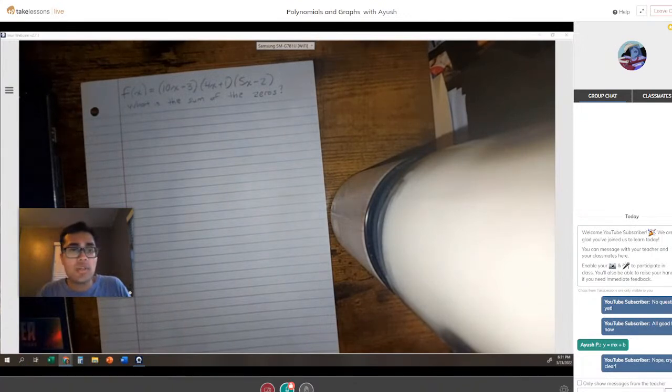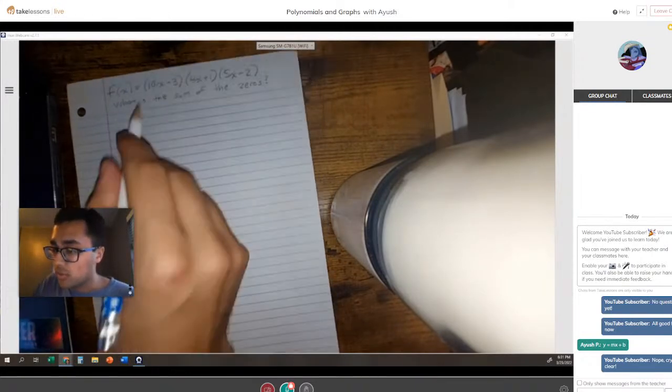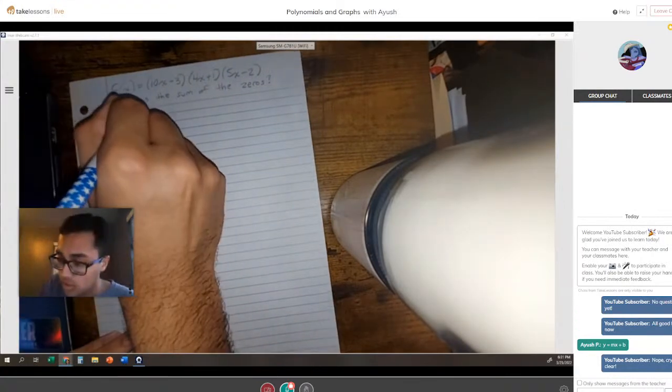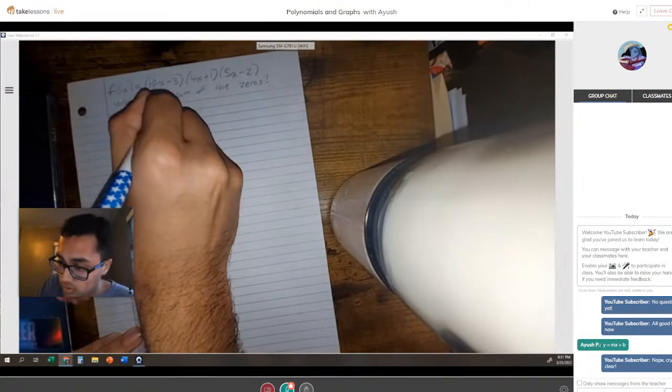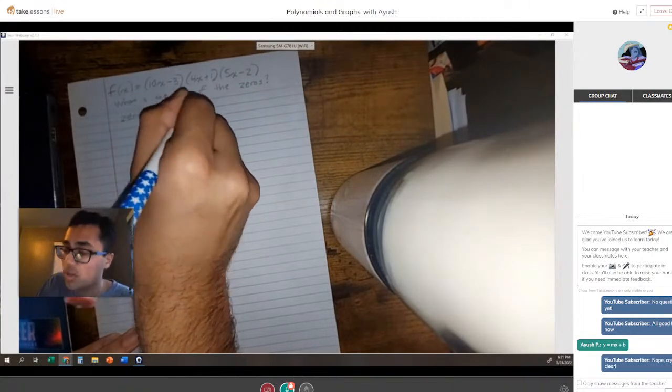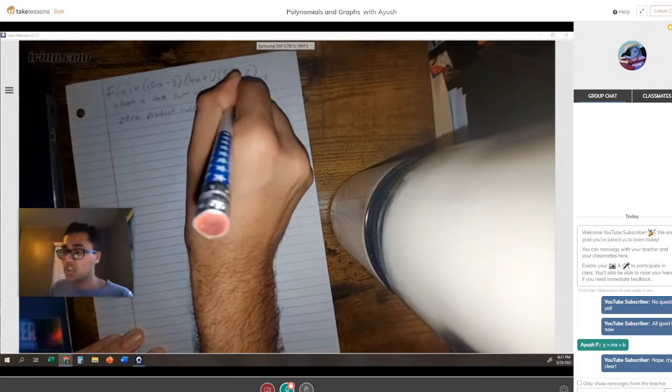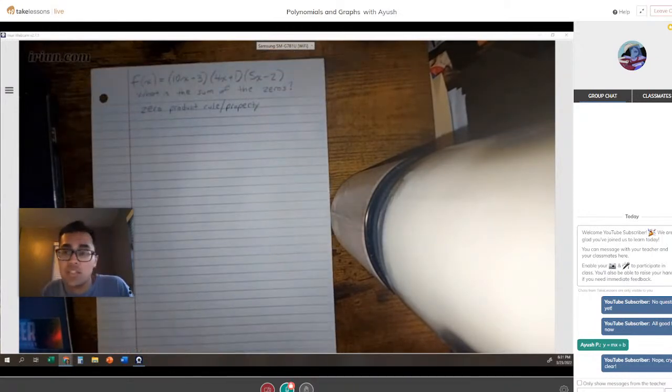So in order to do this, right, we'll kind of follow the same formula that we've been doing all along, right? So we know by what's called the zero product rule, that's the formal terminology, zero product property, that when you have multiple terms multiplied together, any of them could be zero, right?